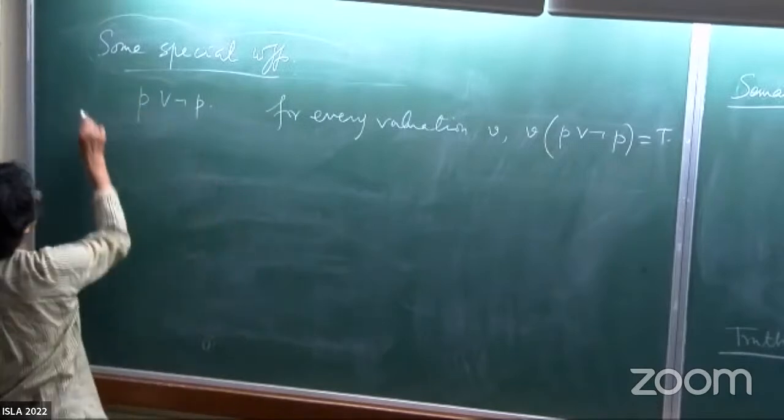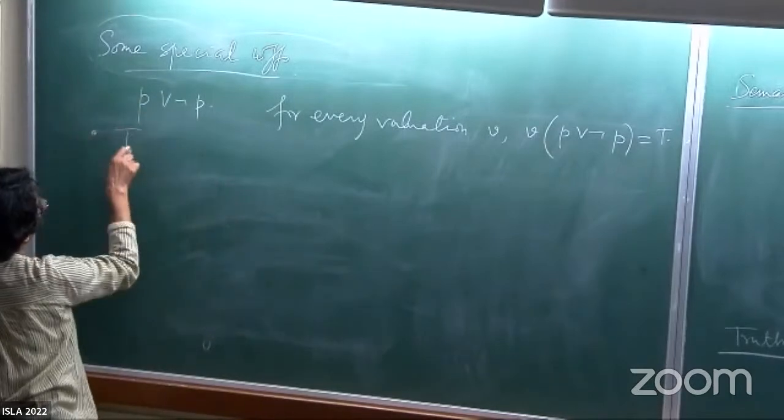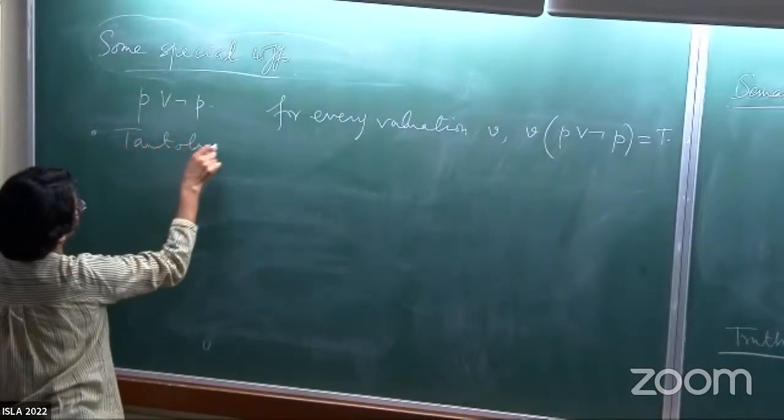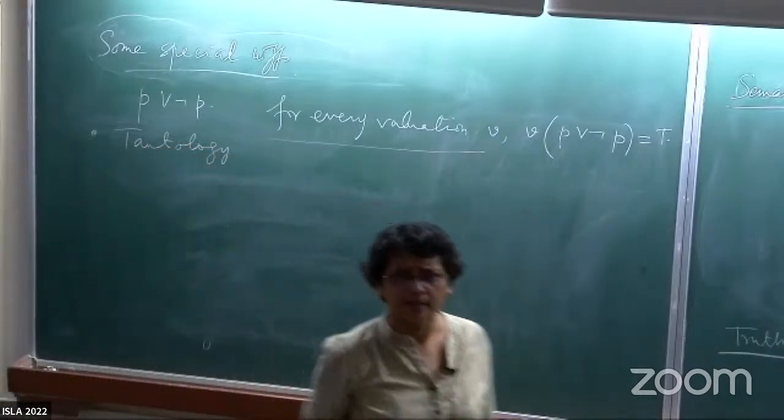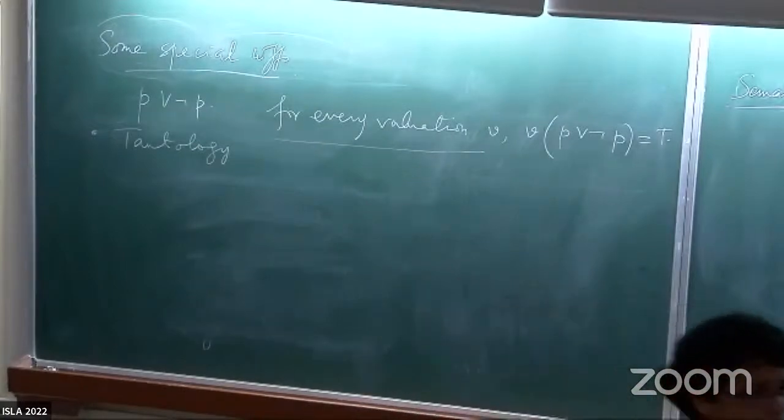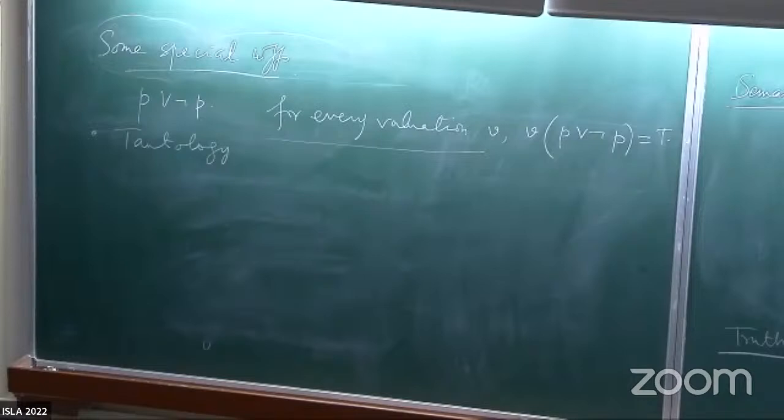So that gives us the first kind of special formulae that we call tautologies. That is, a tautology is a formula which is true under every valuation. Every valuation makes a tautology true.